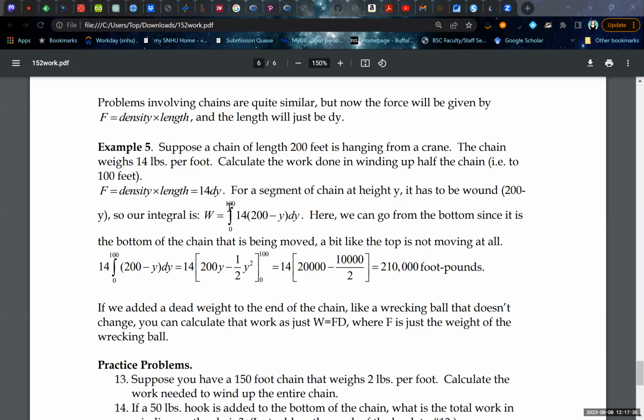That's our limits of integration. And then we just do the math. We pull out the 14, we integrate 200 minus y, we plug in our 0 and 100, and we end up in this case with 210,000 foot-pounds. Again, foot-pounds because we started with 200 feet of chain and 14 pounds per foot.